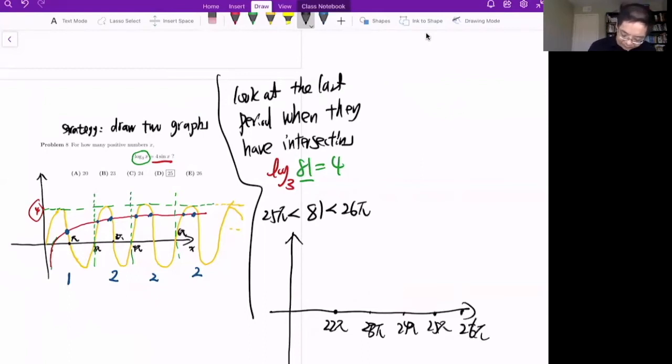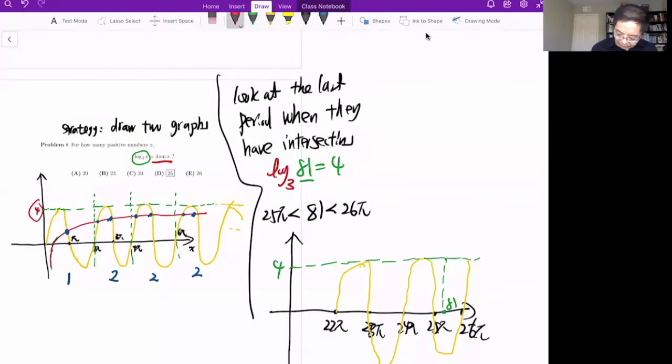Okay. 81 is here, and that's the place where the logarithm function attains the value 4. That's what we have.